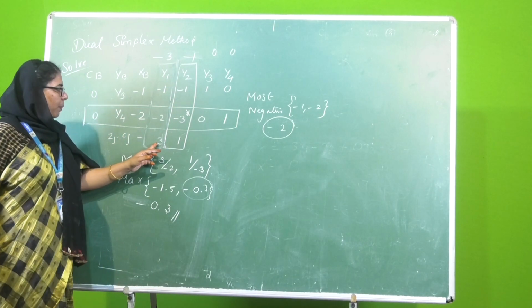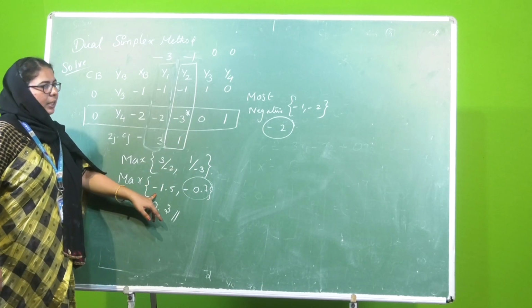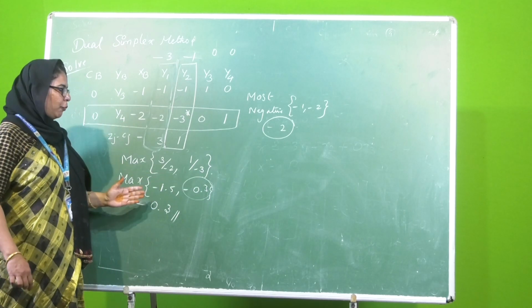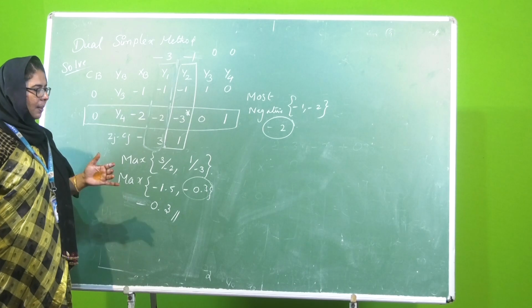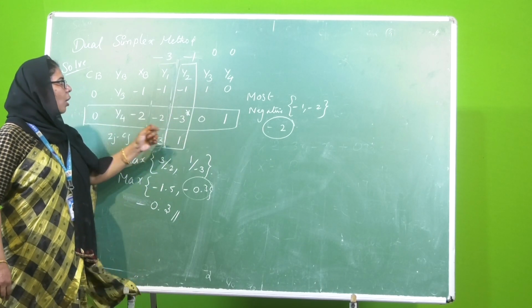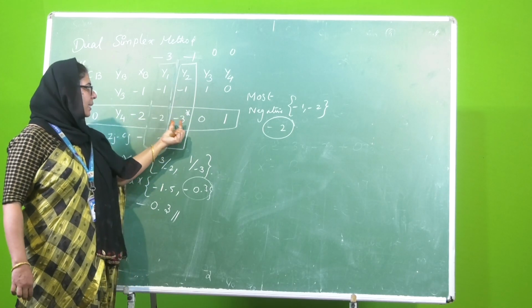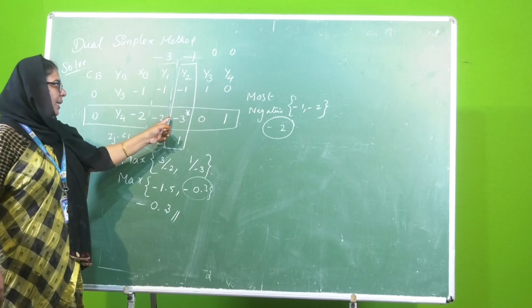So maximum of minus 3 by 2, minus 1 by 3, minus 1.5 and minus 0.3. Which one is the maximum of these two values? Minus 0.3 is the maximum value. So minus 0.3 occurs in the second column. So you have to select Y2, and obviously minus 3 is the row and column intersecting element.